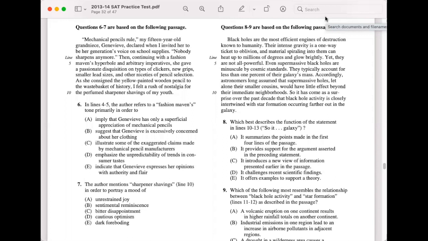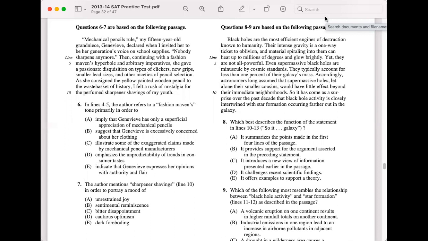Then, continuing with the fashion maven's hyperbole and arbitrary imperatives, she gave a passionate disquisition on types of clickers, new grips, smaller lead sizes, and other niceties of pencil selection. As she consigned the yellow painted wooden pencil to the wastebasket of history, I felt a rush of nostalgia for the perfumed sharpener shavings of my youth.